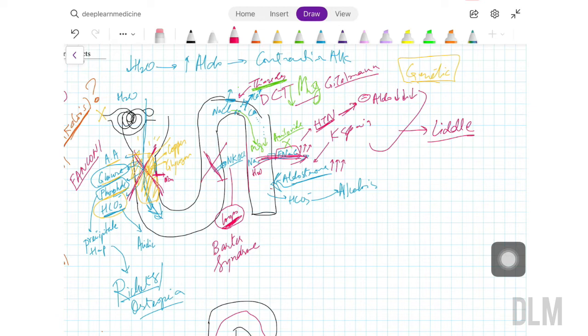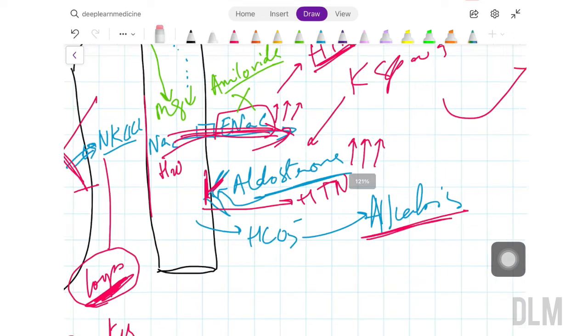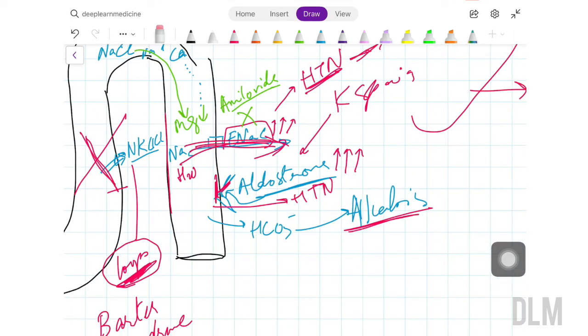Moreover, what aldosterone would do is act on the collecting duct and reabsorb bicarbonate, causing the contraction alkalosis, as I already mentioned. Well, you're in luck because there is no such renal tubular defect in which the aldosterone is overactive.